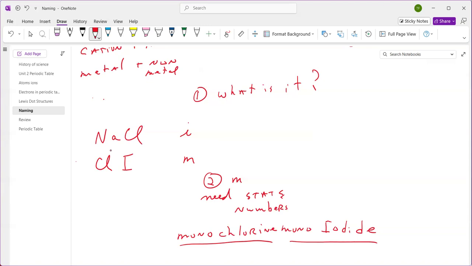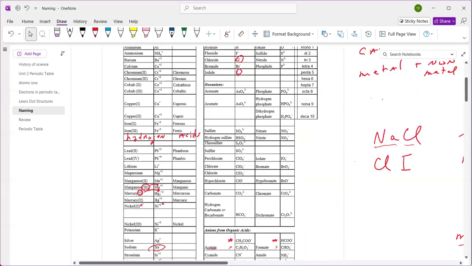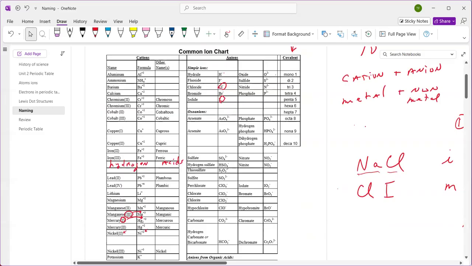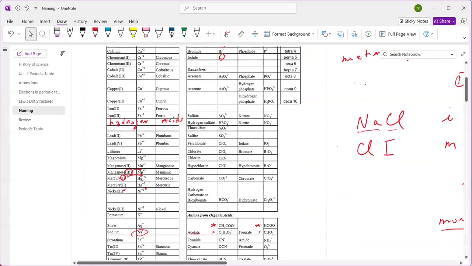Okay, so we have to determine whether sodium chloride is an ionic compound. So what you do is you look on the left side of your common ion chart. Is sodium listed there? Yeah, it is. Towards the bottom, down here.